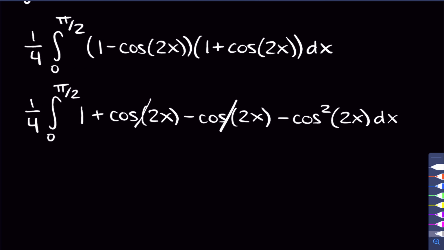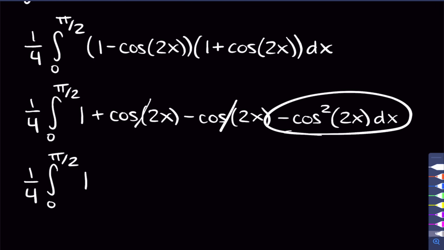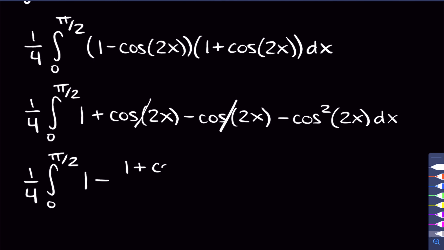All right. So now we get 1/4 the integral from 0 to pi over 2 of 1 minus cosine squared of 2x dx. Now we can use the half angle identity again on this trig function. We can write this cosine squared of 2x as 1 plus cosine of, we have to double that angle again, so we make it 4x this time, over 2.